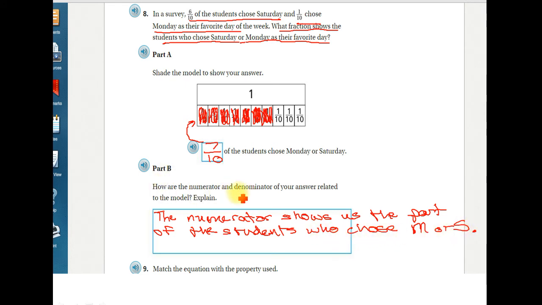And then what about the denominator? Because remember, we got to answer all parts, numerator and denominator. So I answered the part about the numerator. Now let's address the denominator. The denominator shows us how many total parts the class was broken up into.